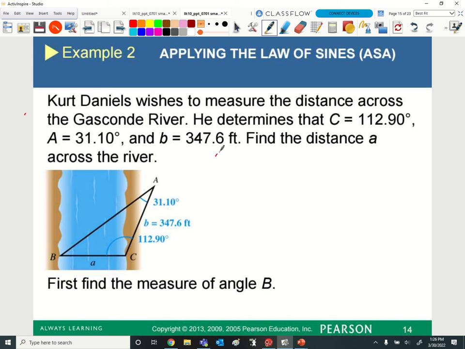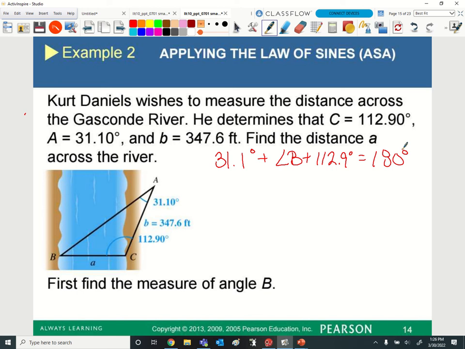So 31.1 degrees plus, which one am I missing? Angle B. Plus 112.9 degrees is equal to 180 degrees. That's the algebraic steps to solve for angle B. But since we've been doing this all the way back since Unit 1, you should be a pro at this.